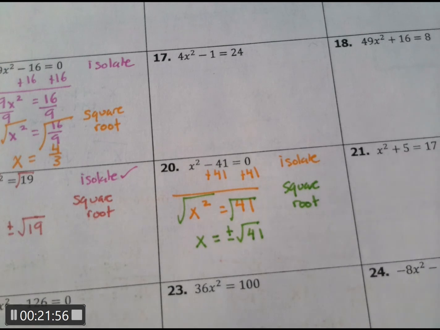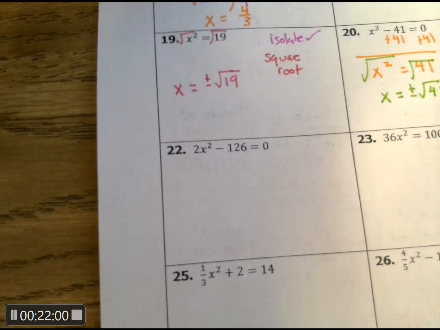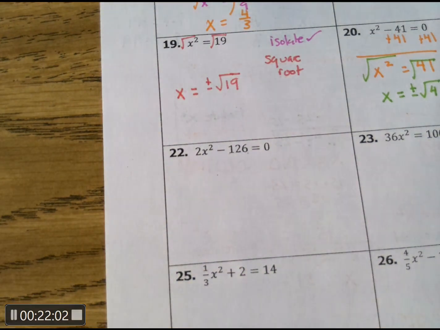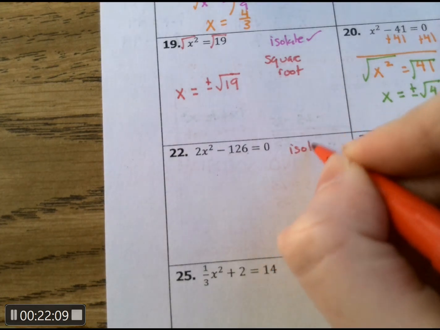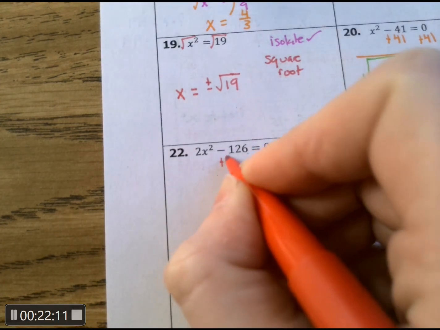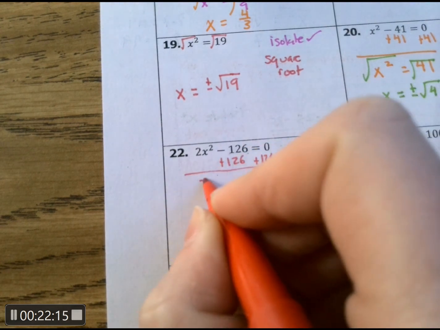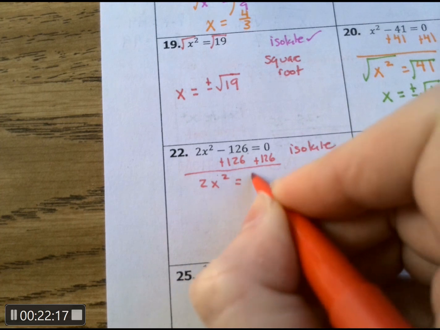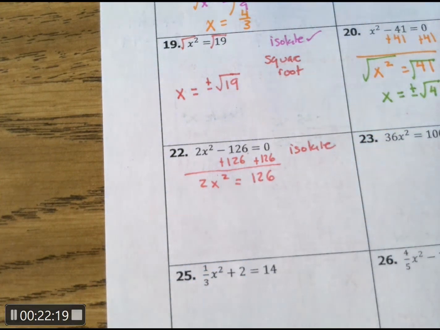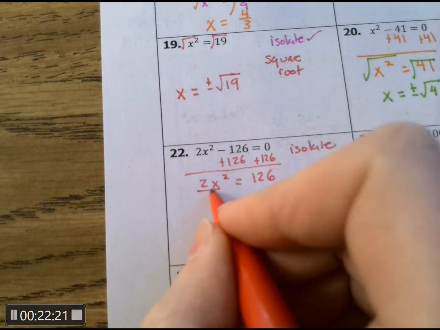Now, let's do 22. Okay, 22 is a good one. Alrighty. So, still need to isolate. So we're going to add 126 to both sides. And we get 2x squared equals 126. And then we need to divide by 2.